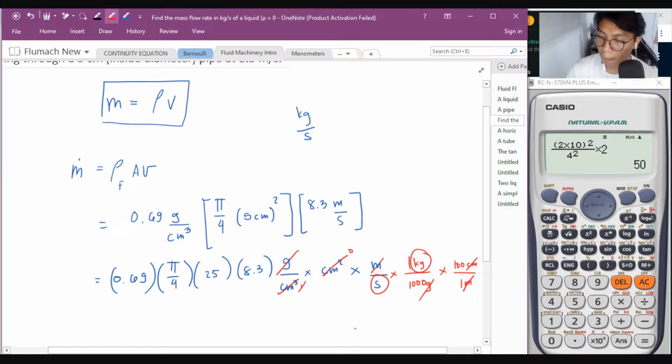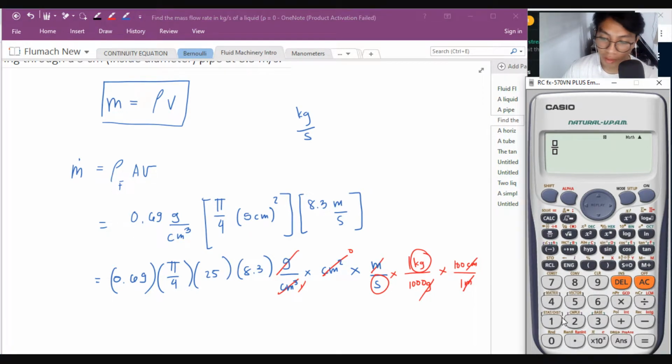Basic, di ba? So, we calculate 0.69 times 25. Shift pi, kasi kasama yung pi, times 8.3 times 100. Sa baba naman, galing ka dito, 1,000 tapos 4. 4 times 1,000.